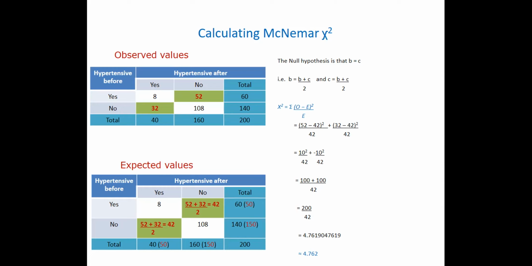It doesn't concern you. Leave them out. What concerns you is these people that changed. Some people changed from hypertensive to non-hypertensive. Some people changed from non-hypertensive to hypertensive. But we still want to see, on average, which direction. Can we say this change is significant?